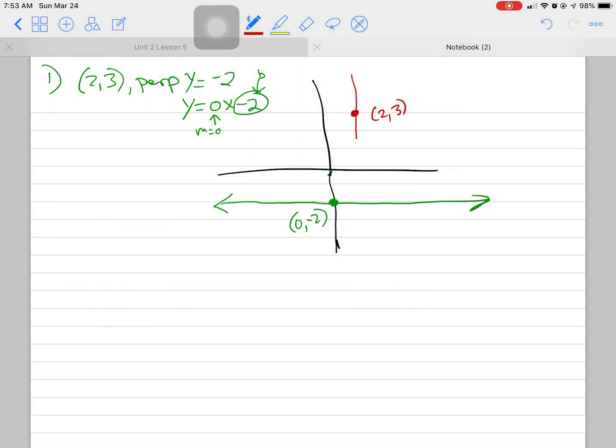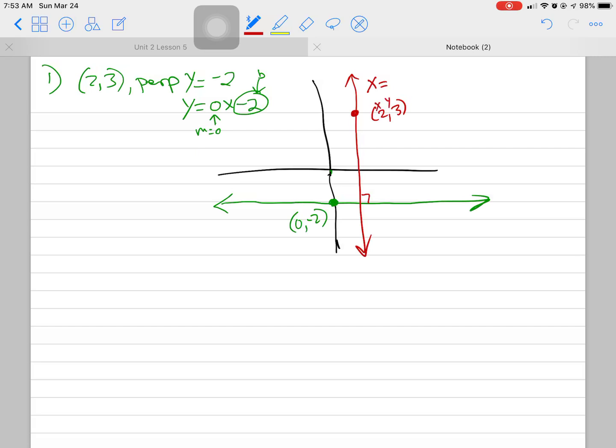Okay, so it wants it to be perpendicular. So if it goes through this line and is perpendicular to this, it crosses it in a 90-degree angle. Well, what is this line? This line is going to start with x equals, because it goes up and down. Its slope is undefined, but we don't mind. We just need to know what the equation is.